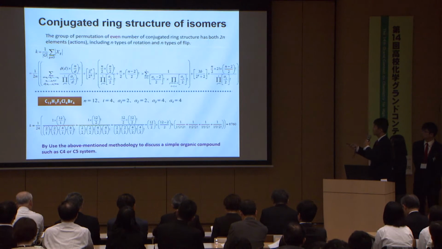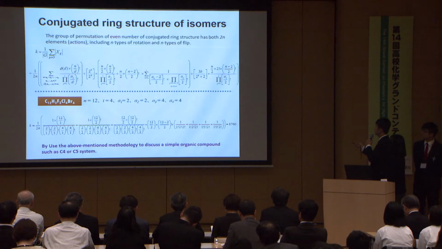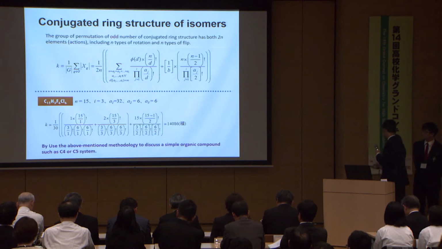This is for the even number of conjugated ring structure, and this is for the odd number of conjugated ring structure.